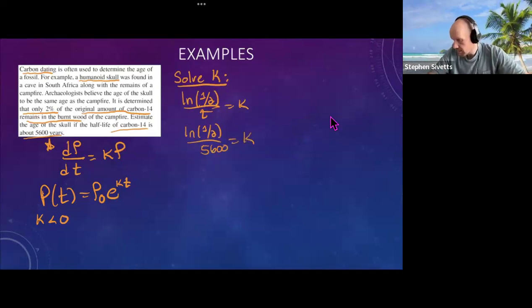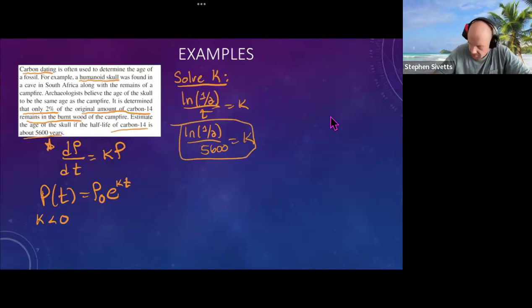Right, so that is the K constant, right? So it's about negative 0.00012, or yeah, negative, I should say. Natural log of 1/2, and it's negative. So negative 0.0000123, I guess. But I'm going to write this out in its exact fractional form like that.